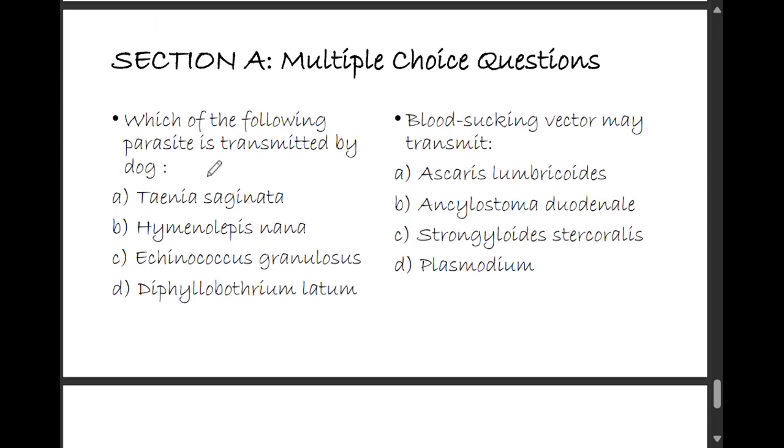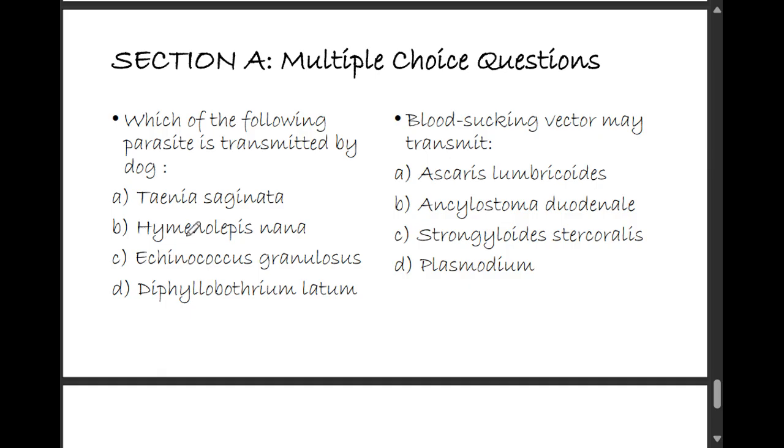We go to question number 3. Which of the following parasites is transmitted by a dog? A. Taenia saginata.